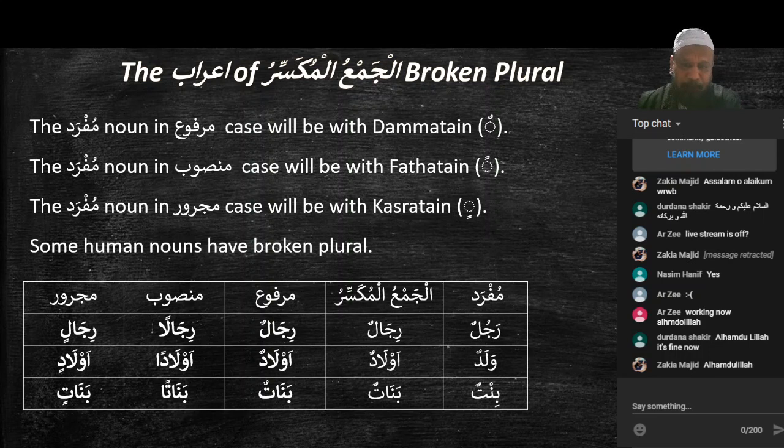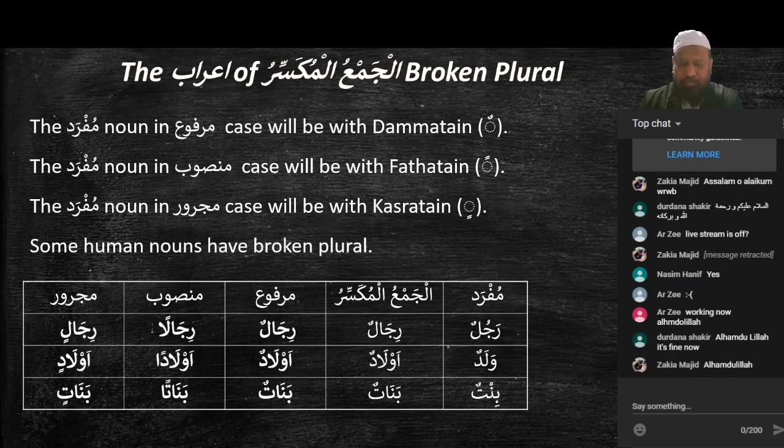So mufrad rajulun, al-jam'u al-mukassar rijalun. Again, same i'rab: marfu case with the dhammatain rijalun, mansub case with fathatain rijalan, and majrur case with kasratain rijalin. Next example, waladun, al-jam'u al-mukassar is awladun.